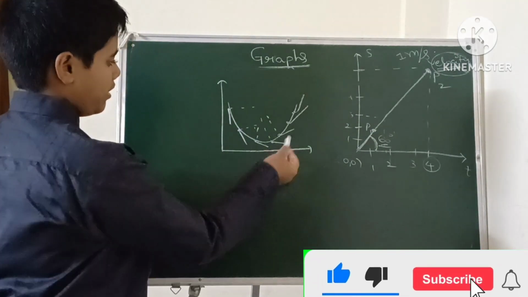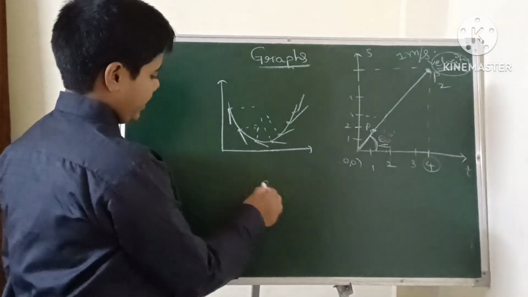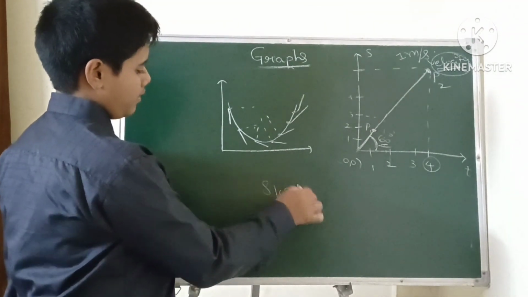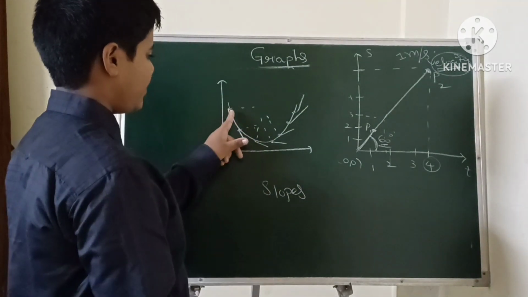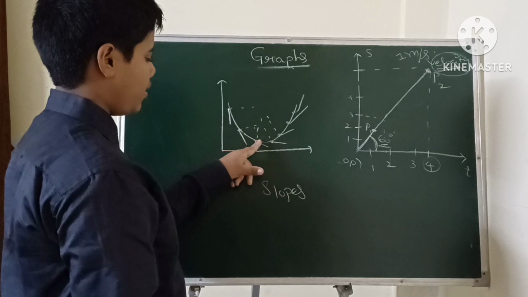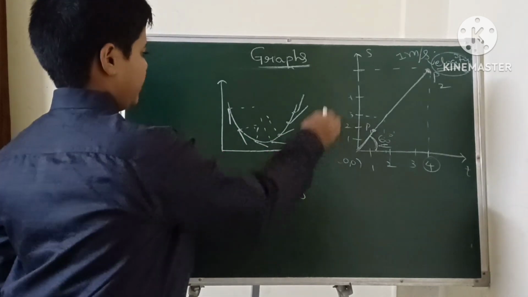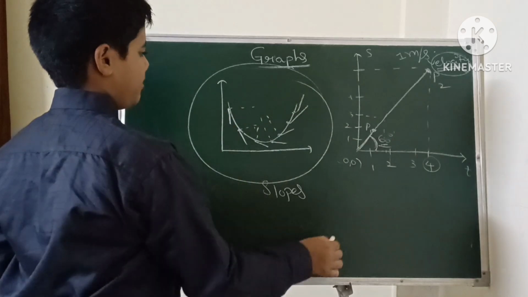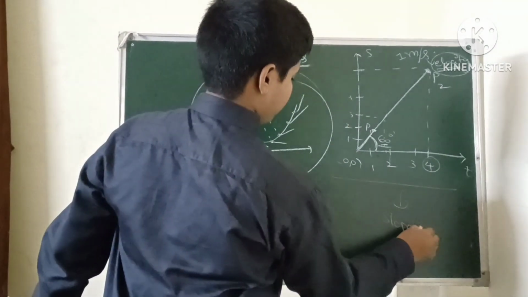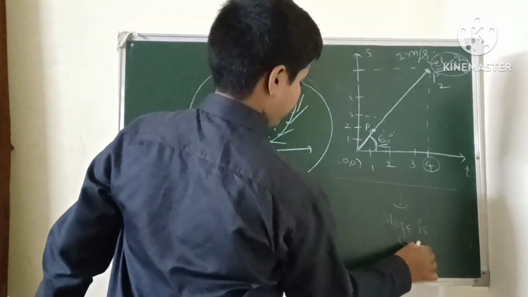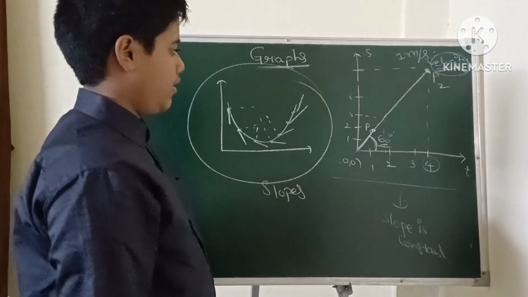Okay, so like this we have to draw tangents and write the slopes. The slope varies from this point to this point, or this point to this point. So in this graph the slope varies, and in this graph the slope is constant.